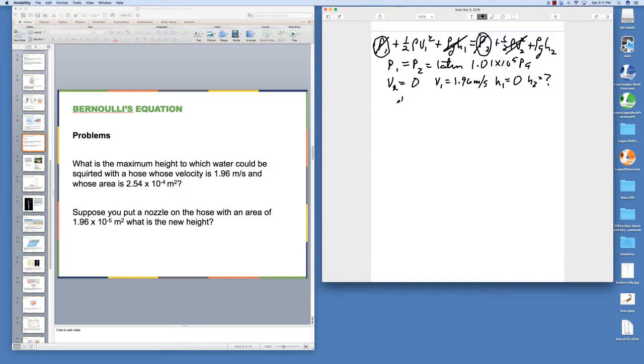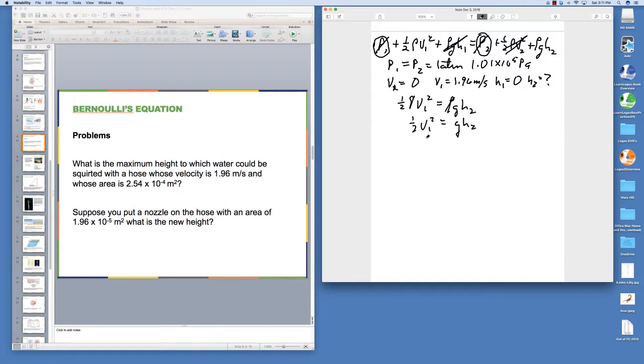And so you end up with 1/2 rho V1 squared is equal to rho g H2. The rhos cancel each other out, and you've got 1/2 V1 squared is equal to g H2.